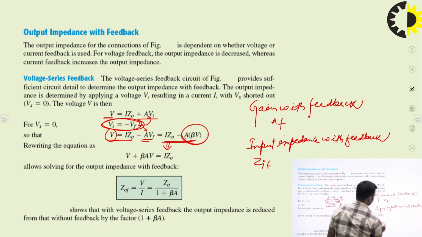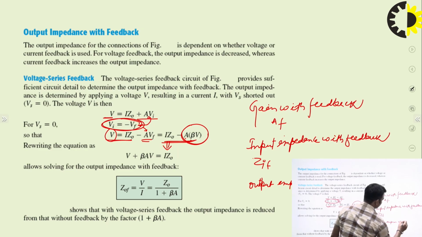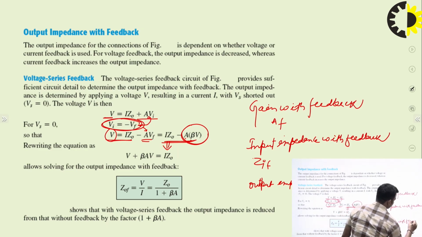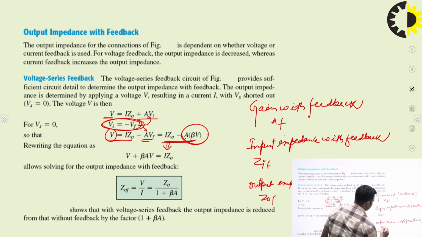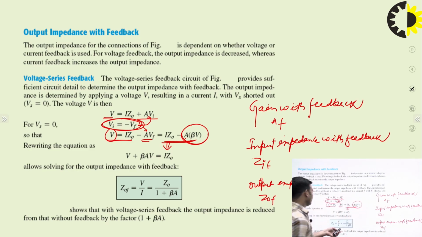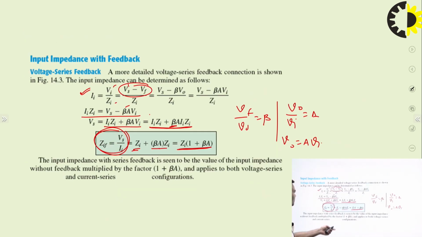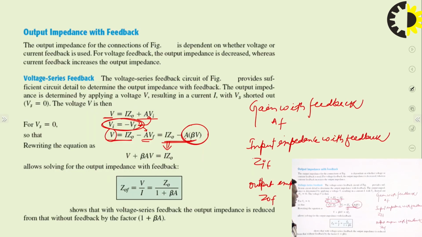And one more parameter is the output impedance with feedback, represented as ZOF. If we see here, the 1 plus A beta term is there in both. In this case, it is multiplied; in this case, it is divided.